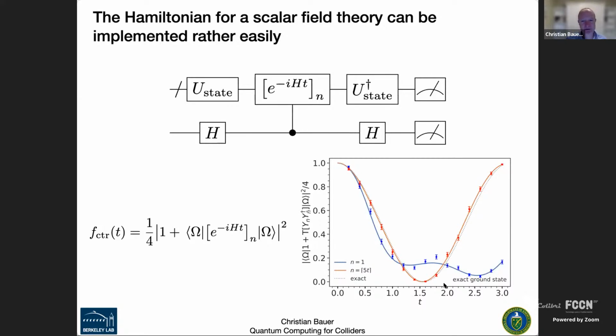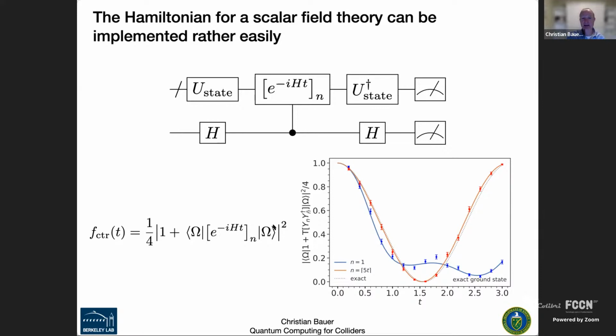Let me show you a couple of checks that we did, in particular to see how the trotterization works. So what we did here, I created a state, and then I just wanted to see, is my Hamiltonian doing the right thing? So if I act with a controlled version of this Hamiltonian on this, what I should get out is 1 plus the expectation value of this object here, and this is the ground state.